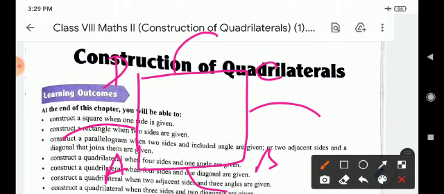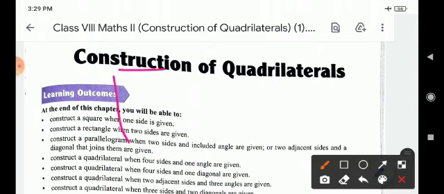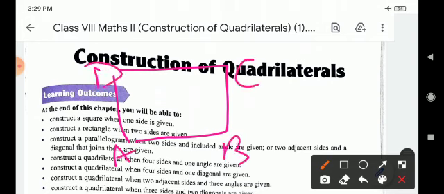Angles of the quadrilateral. Children, DAB is one angle, ABC is one angle, BCD is another angle, CDA is another angle of the quadrilateral. Very important point: the angles of a quadrilateral can also be written in abbreviated form.